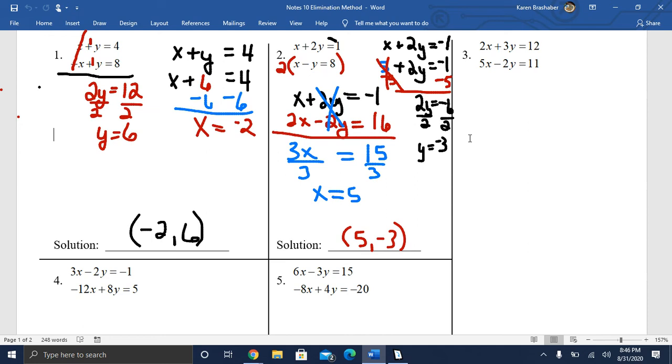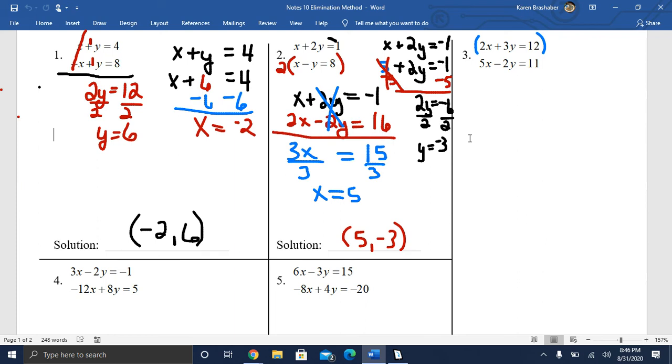So instead, I'm going to multiply both equations, and I'm going to focus in on the y because the y already has opposite signs. So since I have a 3 and a -2, I'm going to try to make one of them a +6, and the other a -6.